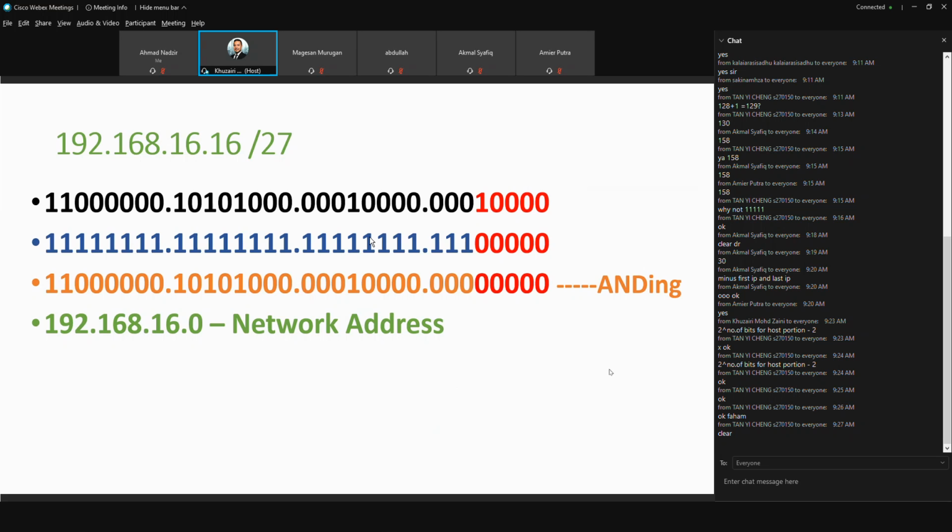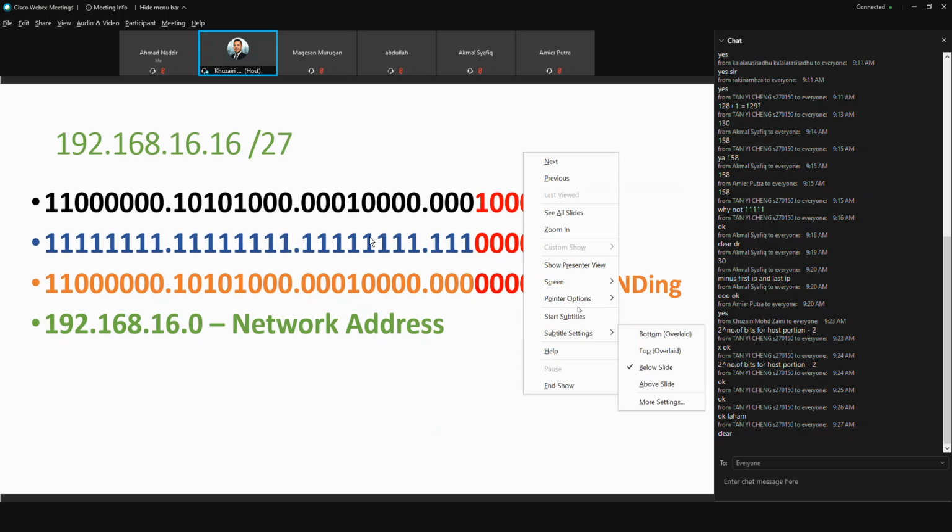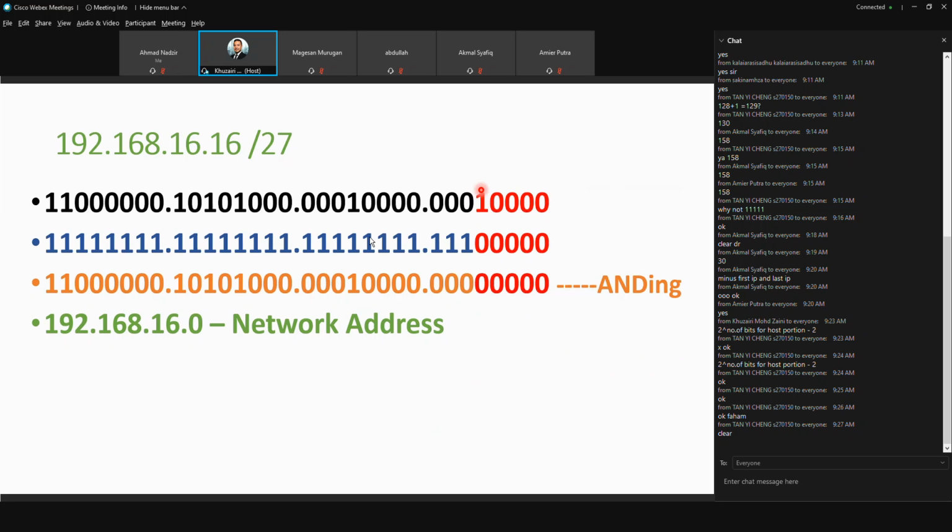192.168.16.16/27. Okay, so we still have 27 here. So you convert this one. Okay, you see the host portion has a 1 here.